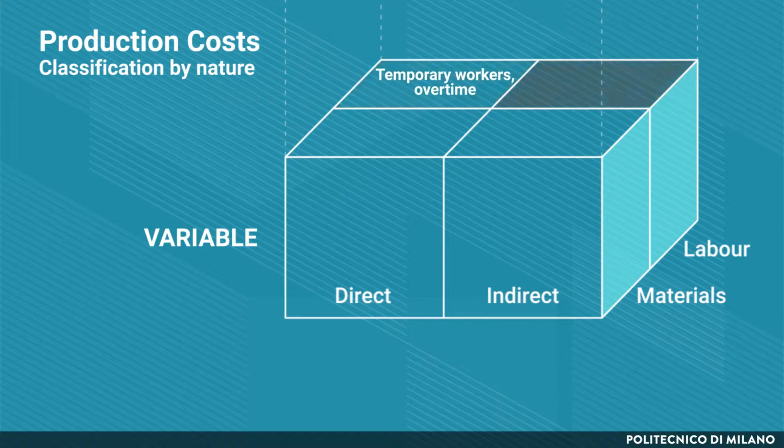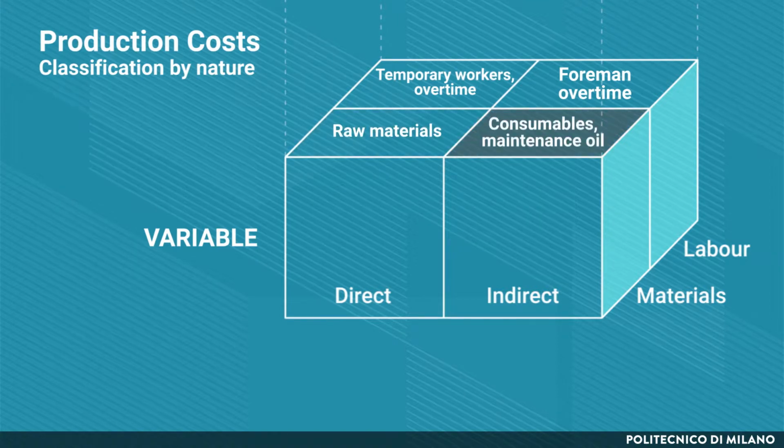While if we go to indirect labor variable cost, we may be considering, for instance, the extra time of the foreman. Moving to materials, variable direct materials are usually the raw materials consumed for production, while indirect materials may be consumable or maintenance fluid used by the plant, whose consumption is modified given the increase in production level.